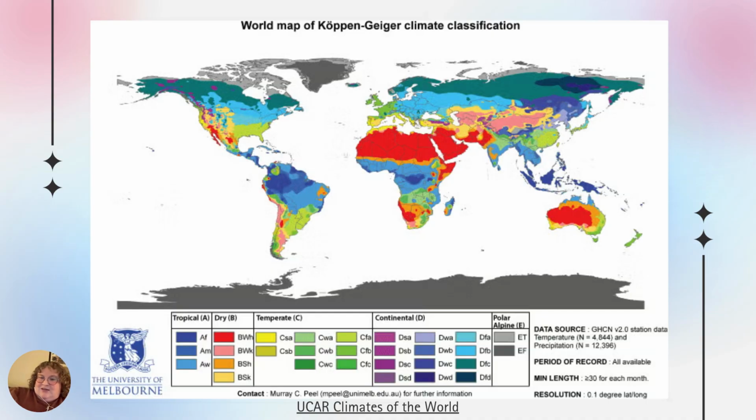We can use the big global scale information to inform our decisions, and we also use these finer scale climate zones to help inform our decision making, as well as our knowledge of weather. So basically, even though weather and climate are different, they're both intertwined as well.